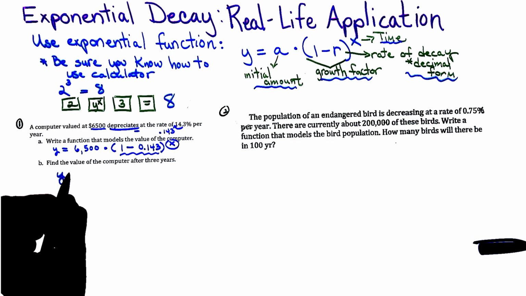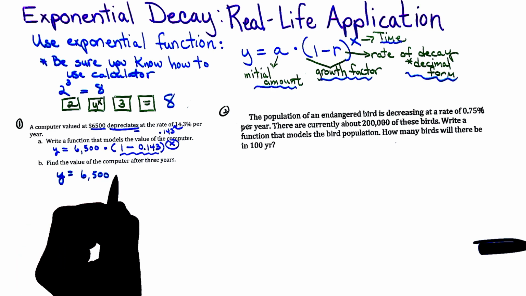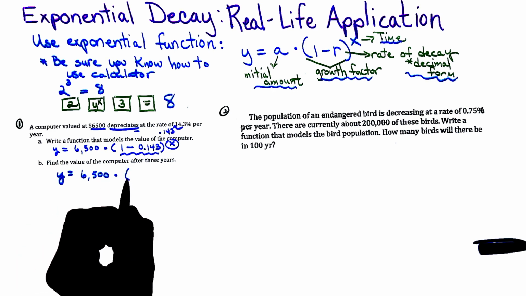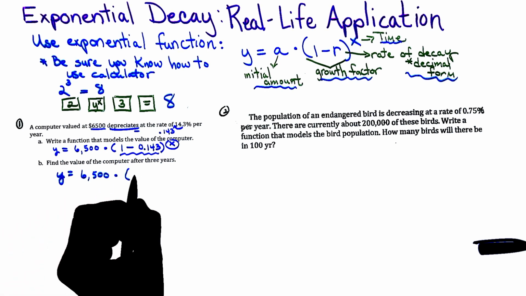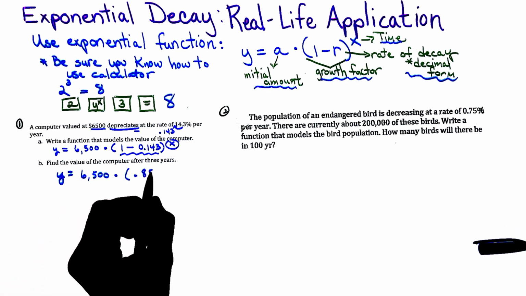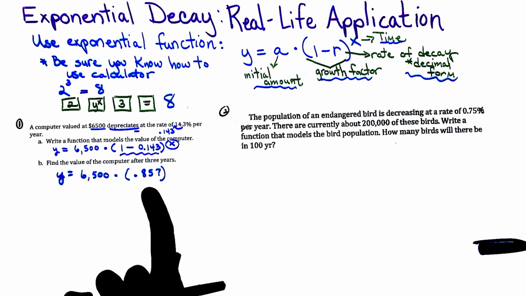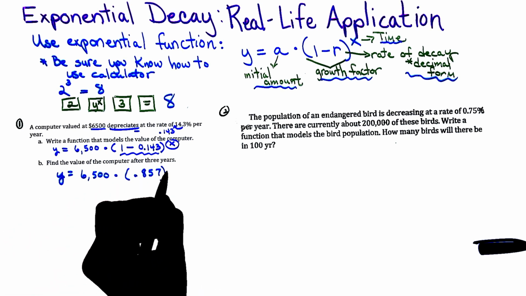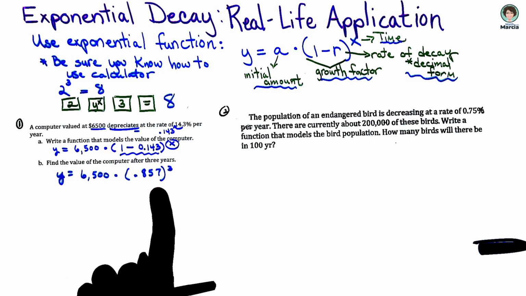So it's y is equal to 6,500 times, and your rate of growth is going to be 0.857. It's gone down. So all we do is we end up subtracting, and we are going to take that to the third power because of the number of years.